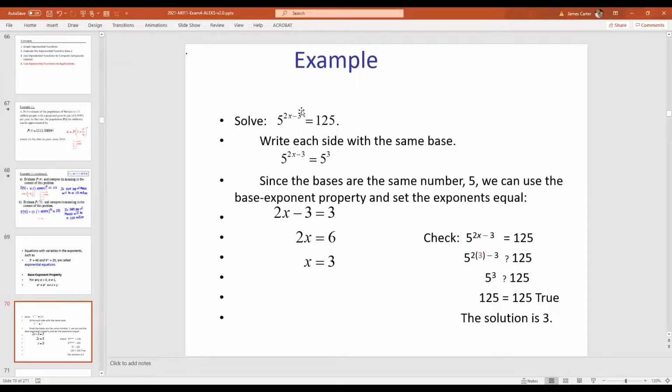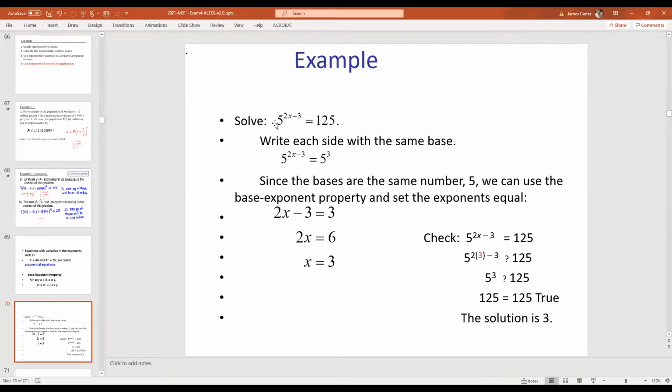Now, here's an example of an actual problem on this. This one has a fairly easy solution. Not all of them have this easy of a solution. Well, here we go. 5 to the 2x minus 3 power equals 125. I don't have the same base on both sides right now.